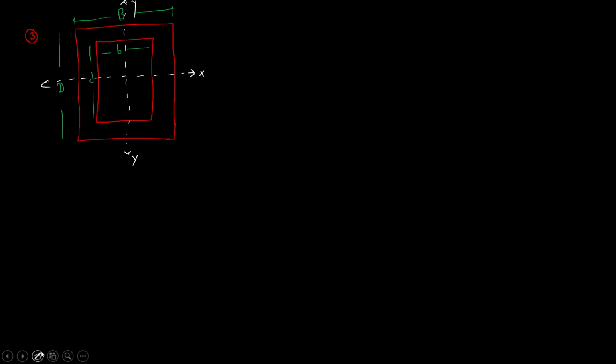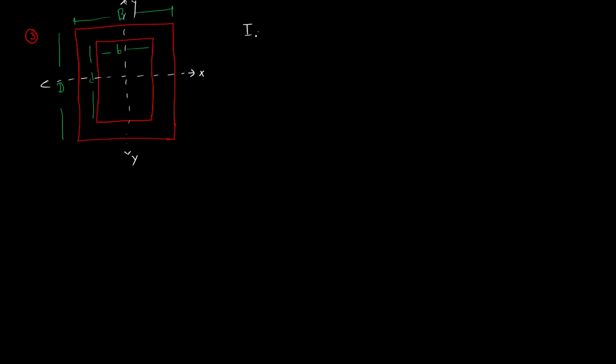Now this is a hollow rectangular section. For this, the dimensions will be like this. The inner dimension is small b, outer dimension is capital B. Inner dimension is small d, outer dimension is capital D. This is x and this is y.